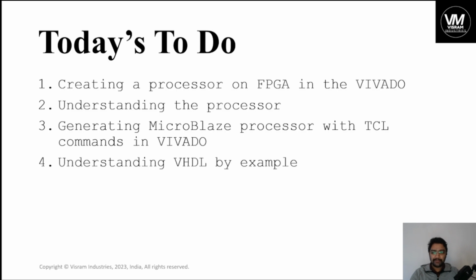Today's to-do, as I told, is creating a processor on FPGA in Vivado. This is the major task. Yesterday we implemented only block RAM memory, which is a single part. In every processor or every chip, we should have a memory block or memory registers.